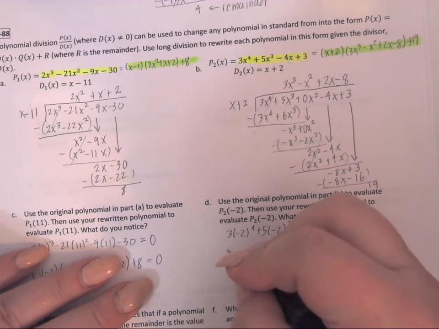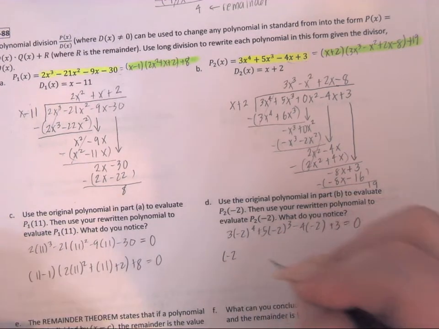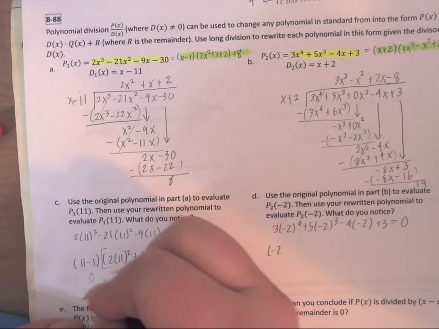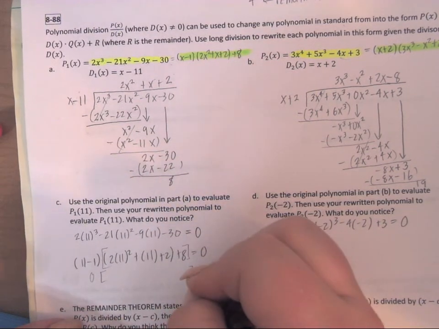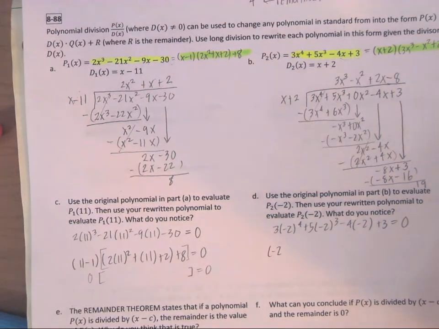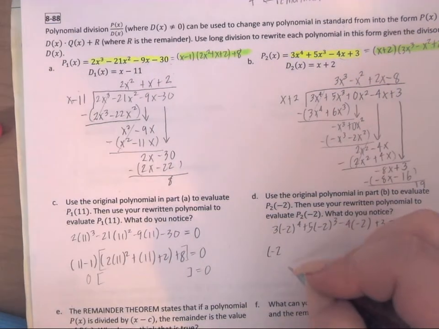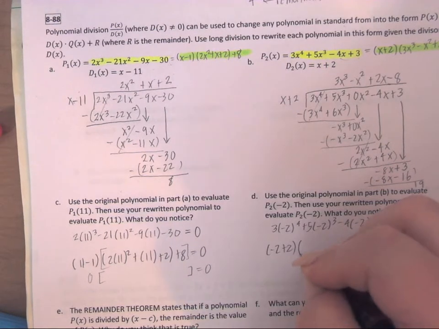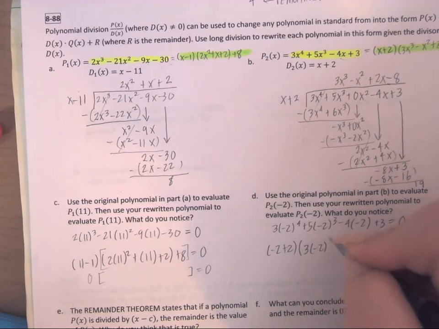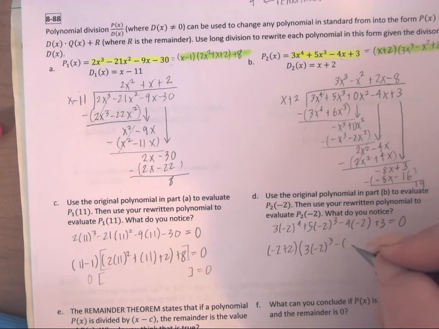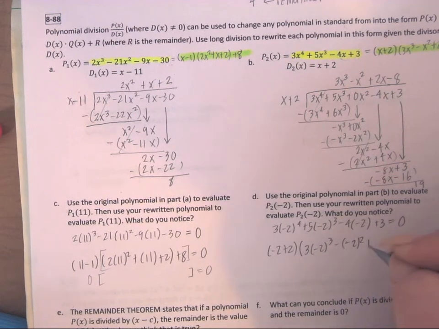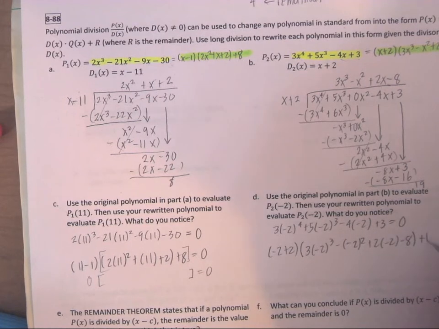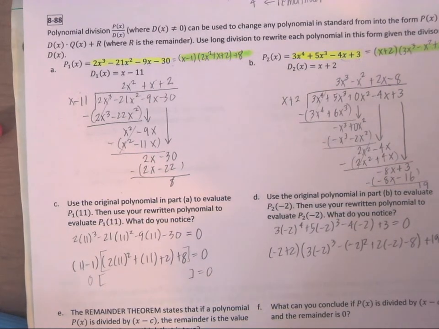And if you plug negative 2 into the other one, this makes more sense here because you can visually see that you're going to get 0. Negative 2 plus 2 is 0, times 3 times negative 2 cubed minus negative 2 squared plus 2 times negative 2 minus 8, plus 19. So that's going to be 0 as well.